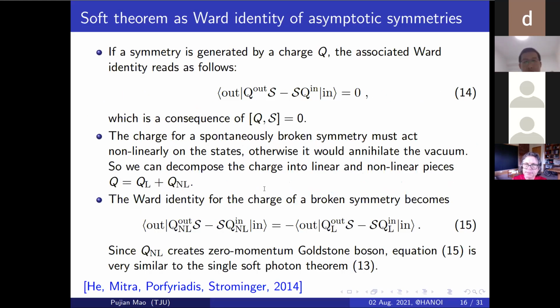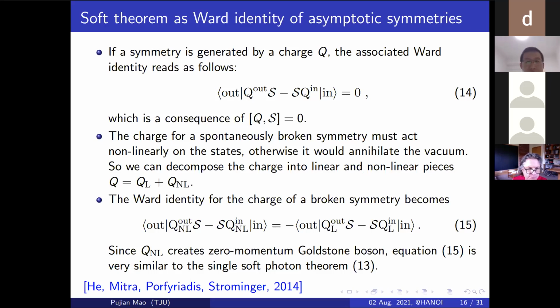Okay, then how can this soft theorem be considered as a Ward identity of asymptotic symmetry? Here is the following way. Suppose you have a symmetry, and this symmetry is generated by a charge Q, and you can write the associated Ward identity.